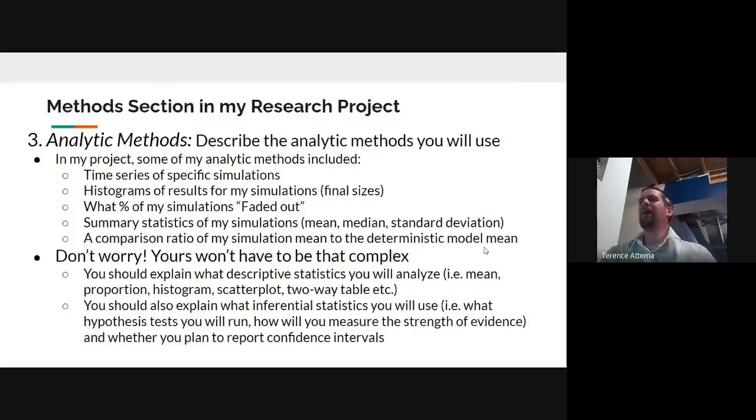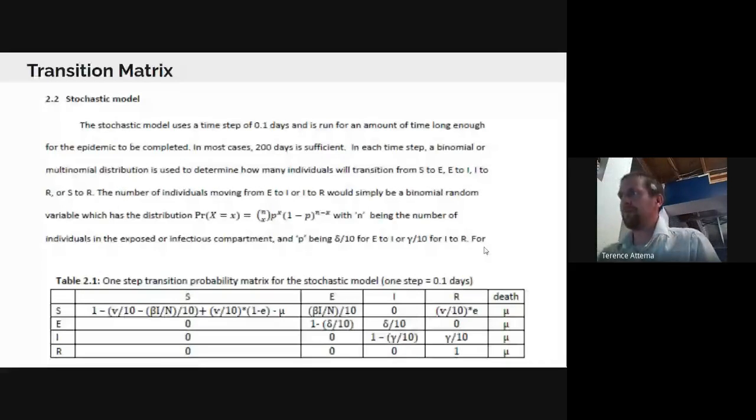This is a little part of my research project write-up that I snipped, because I thought you would understand at least something from here, and it's very much related to what we've been studying. My model ran with 0.1 days as one step, and I ran it for 200 days, so 2,000 time steps, because there would be 10 steps per day.